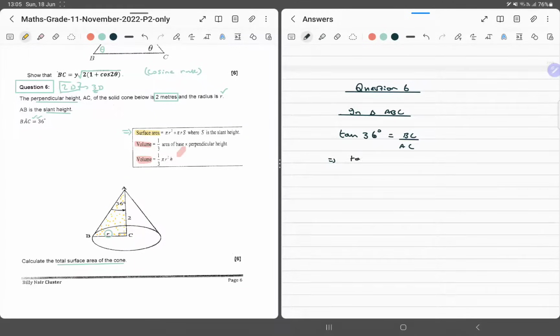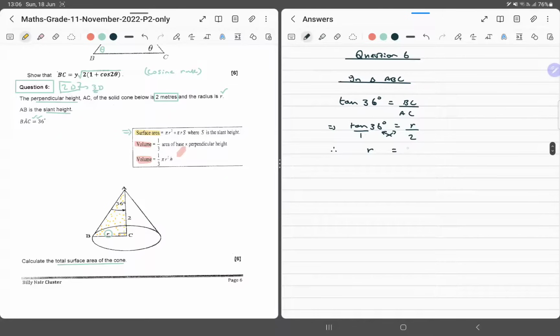This implies that tan 36 degrees, please be patient sometimes, don't rush, you will be in trouble, it's going to be r over 2. That is over 1. We just cross multiply. We can simply say therefore our r, because that's what we want, is going to be 2 times tan of 36 degrees.